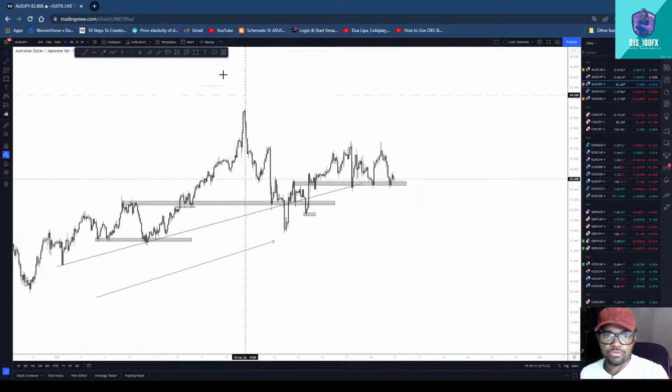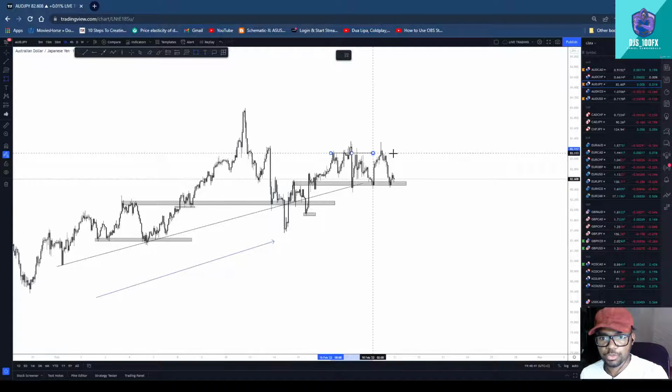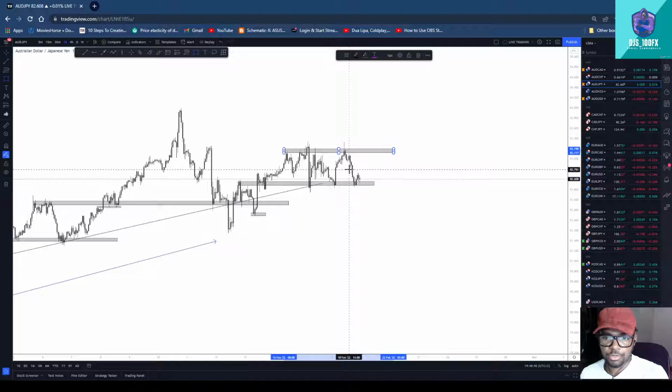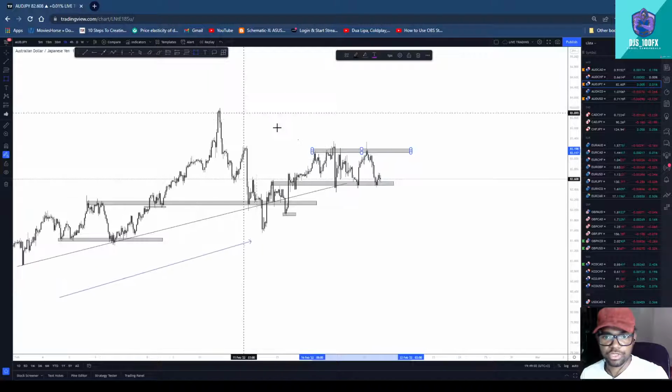I'm not sure what price will do from here, but what I will be waiting for is price to break either higher here or lower here. If price breaks and retests this level, we can clearly see that this is a good level of resistance, which could easily become support, or could easily become resistance, and then price continues to the downside.